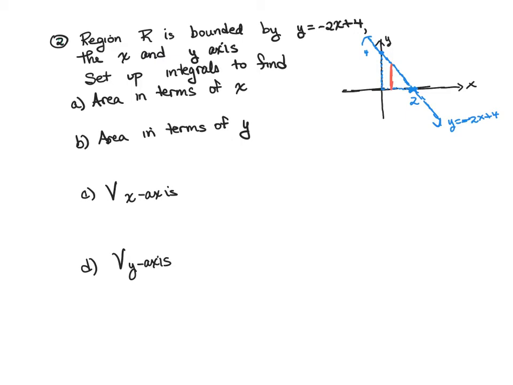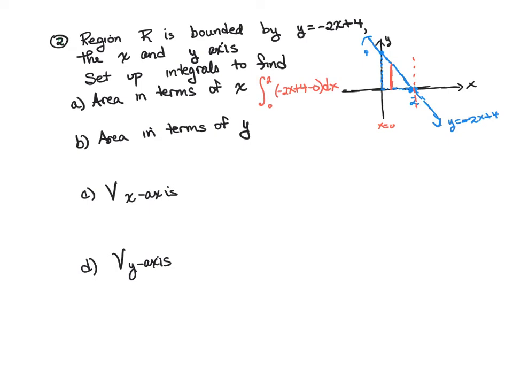So the integral would be from x equals 0, this vertical line, to x equals 2, of the top curve in terms of x, which is negative 2x plus 4, minus the bottom, which is y equals 0, which we don't really need to put, and you get this. So that integral represents the area in terms of x.